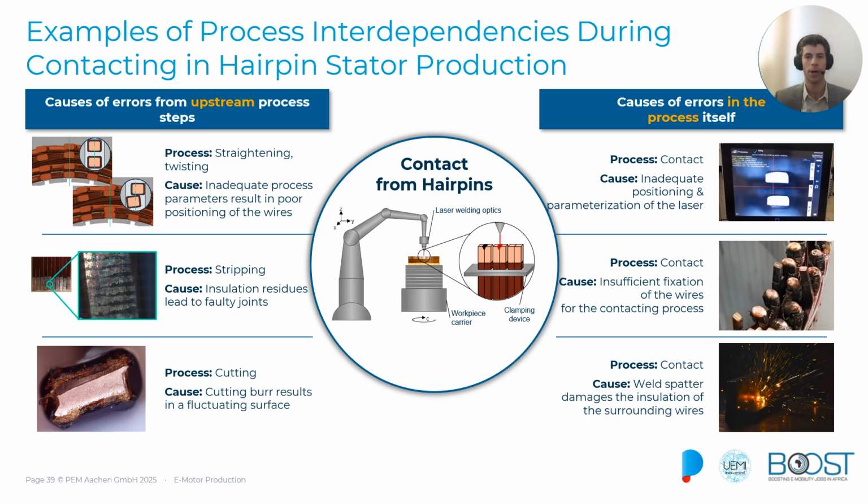So the error in the welding process itself does not necessarily result from bad welding. First, we see that the welding of two hairpin ends may not be possible due to bad alignment in the twisting process.